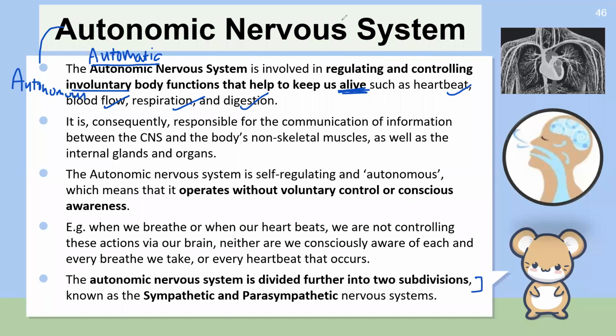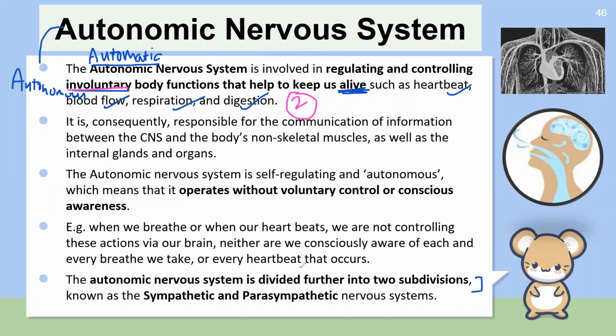The key words to take away from this slide are, number one, that the autonomic nervous system is involved in regulating those involuntary bodily functions, and you need to know some examples. So maybe learn at least two examples. You can learn the obvious ones like heart rate and blood flow, or heart rate and breathing, which is another word for respiration. Just learn any two that are easiest for you to remember. I already talked about self-regulating and autonomous.